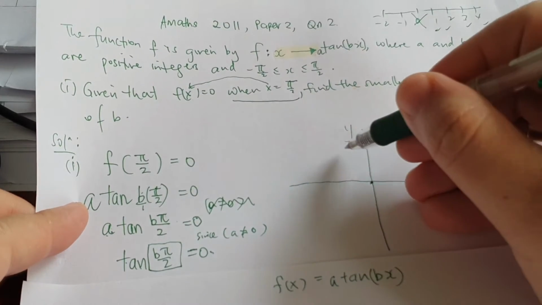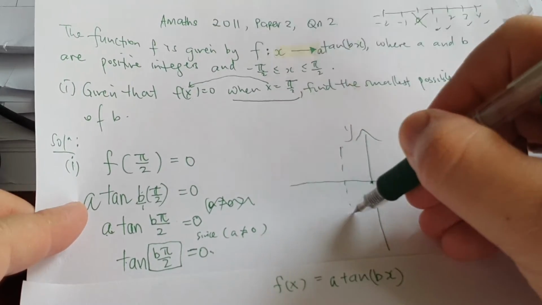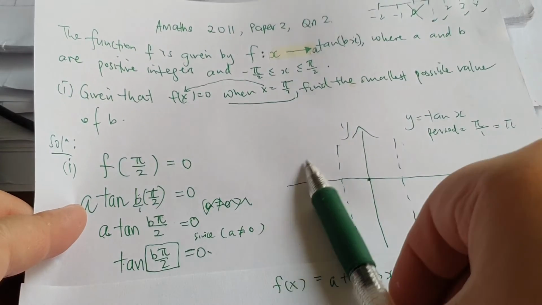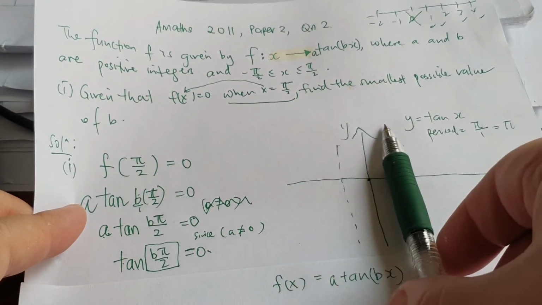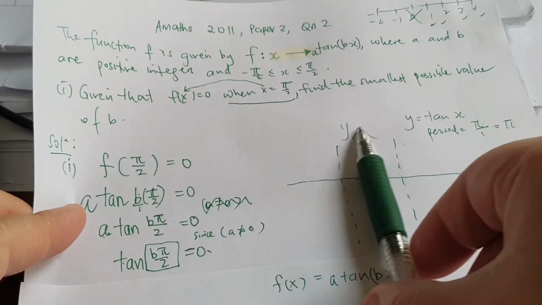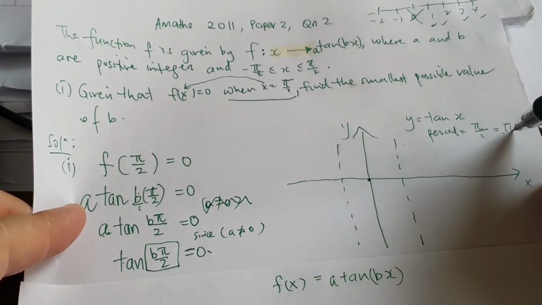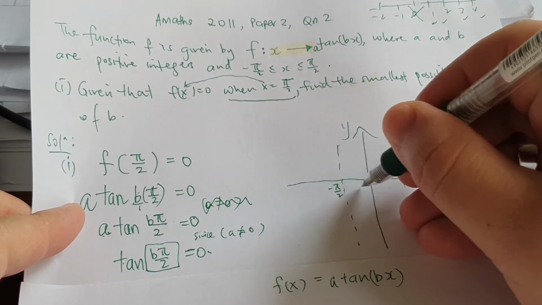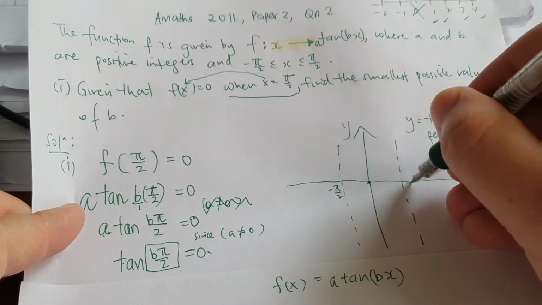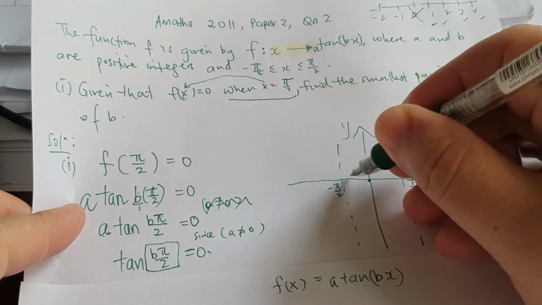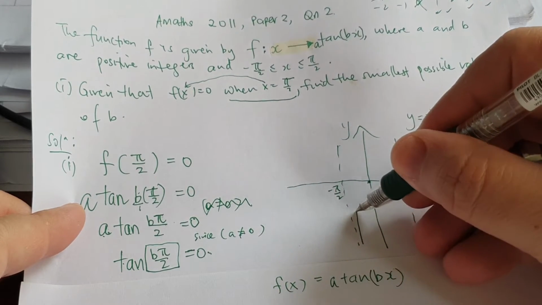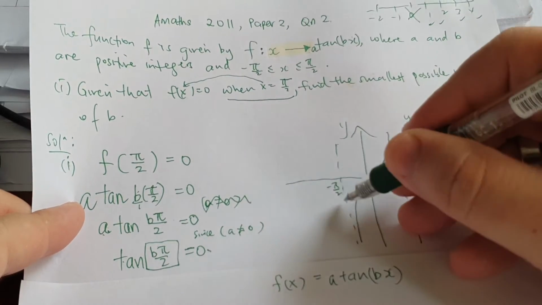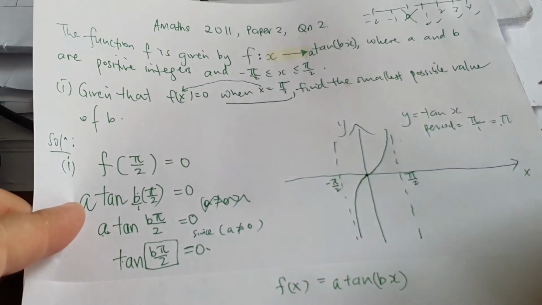If we take reference from the origin, then from here to here it should be π, the period. Meaning this must be −π/2 and this is π/2, then this whole thing is π. This is what we call one full cycle with these two dotted lines as the asymptotes.